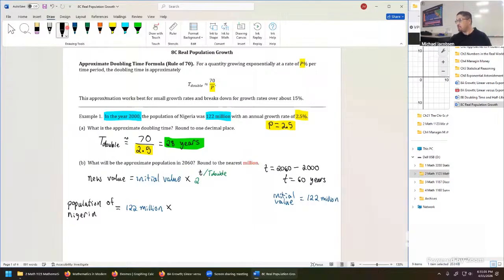We multiply that against 2 to the power of 60 years divided by the doubling time, doubling every 28 years. And pretty similar to what we did in the last problem, except this was a 1/2, and we had a half-life where the 28 is right now. So that's our setup so far. All we have to do is jam it into the calculator. Any questions at all, folks, with the process or the setup?